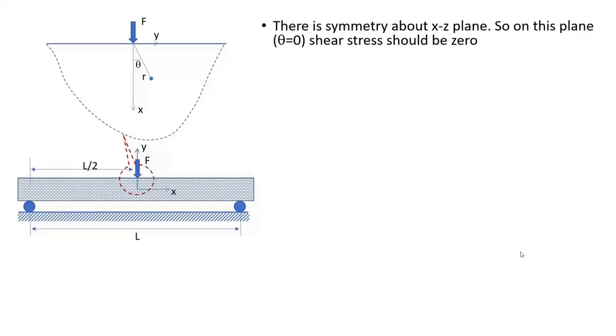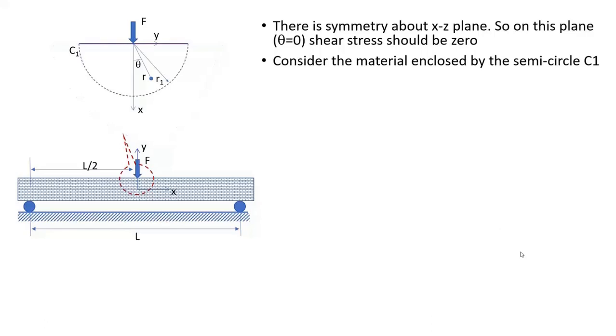Now we will further isolate the material enclosed within this semicircle C1 here and the top boundary.